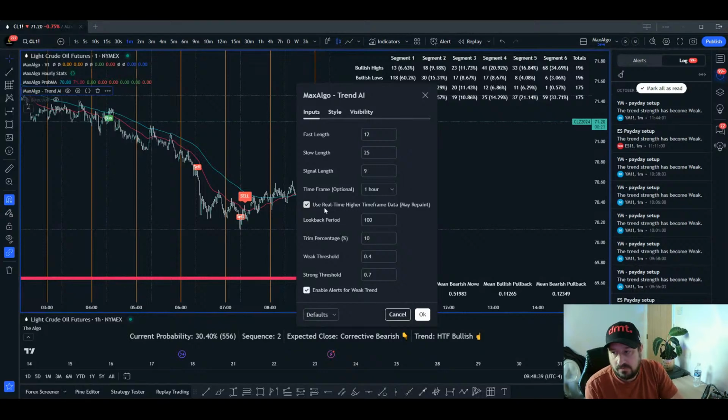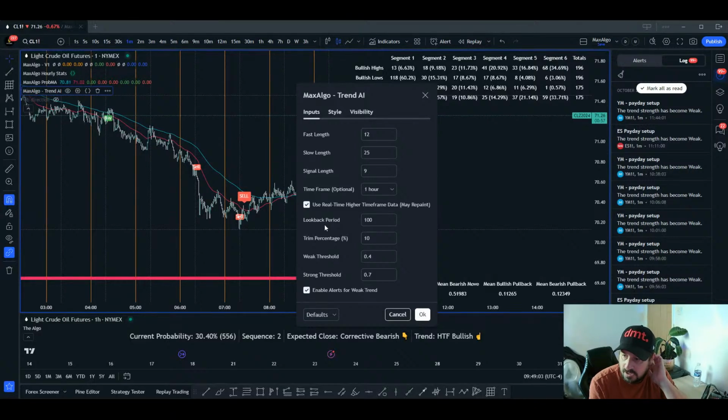So anytime you're not on the chart, it's not using real-time data. It's just using it as the hour's closed. But obviously, if you have the chart open and using real time, then as it's happening during the hour, you'll get it. Otherwise, it'll be at the beginning. So at the moment, I use it for real time because I can generally be active on the charts a lot.